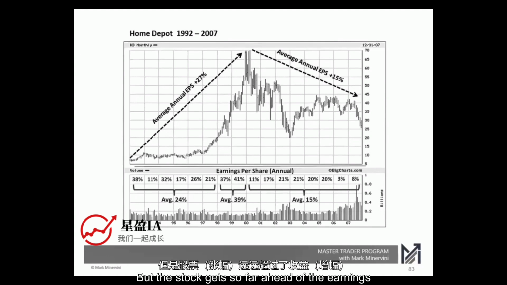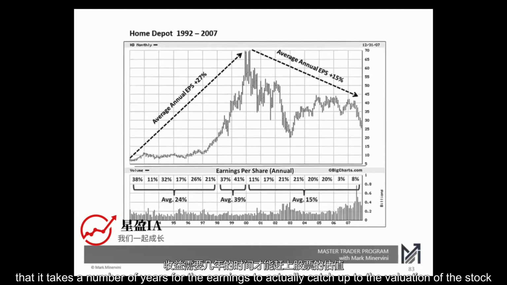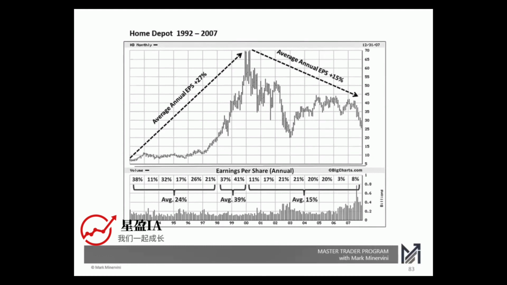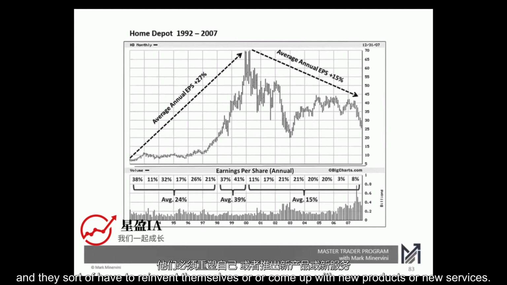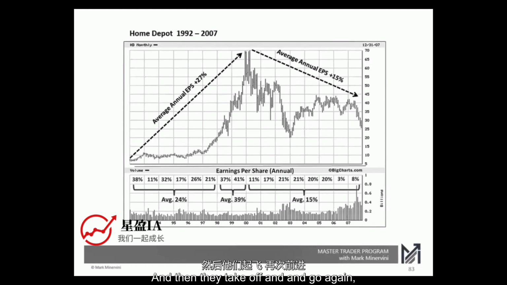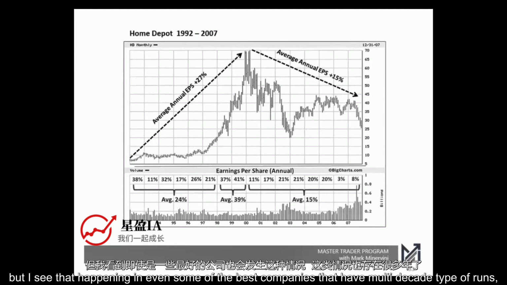The stock gets so far ahead of the earnings that it takes a number of years for the earnings to actually catch up to the valuation of the stock. And then the company usually has some problems, and they sort of have to reinvent themselves, or come up with new products or new services, and then they take off and go again. But I see that happening in even some of the best companies that have multi-decade type of runs.